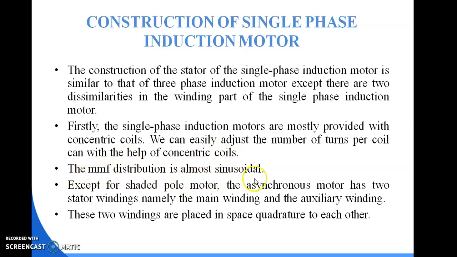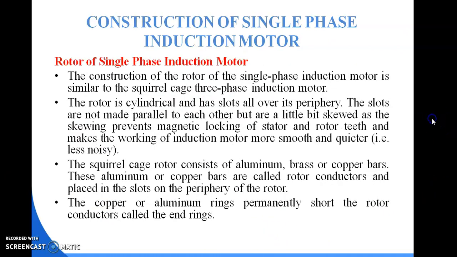The MMF distribution is almost sinusoidal. Except for the shaded pole motor, the asynchronous motor has two stator windings, namely the main winding and the auxiliary winding. These two windings are placed in space quadrature to each other.